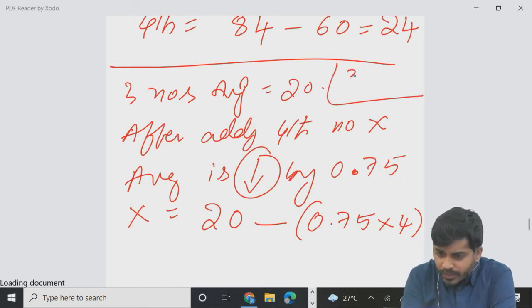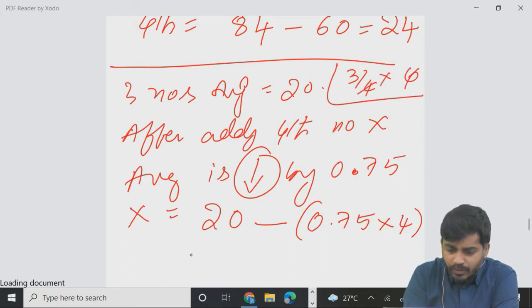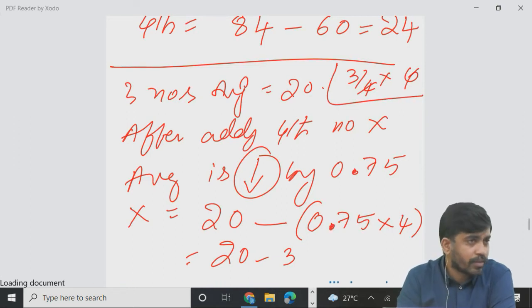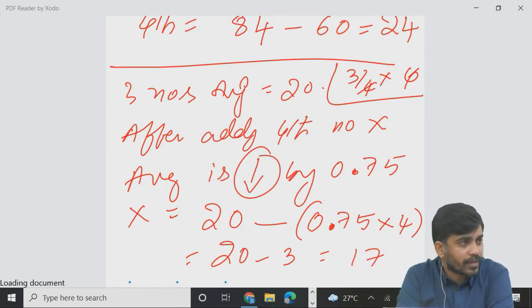0.75 is actually the fraction 3 by 4. 3 by 4 into 4, the 4 gets cancelled. So 20 minus 3. Or 75 fours are 300, there is a decimal, 300 by 100, so 3. Answer is 17.